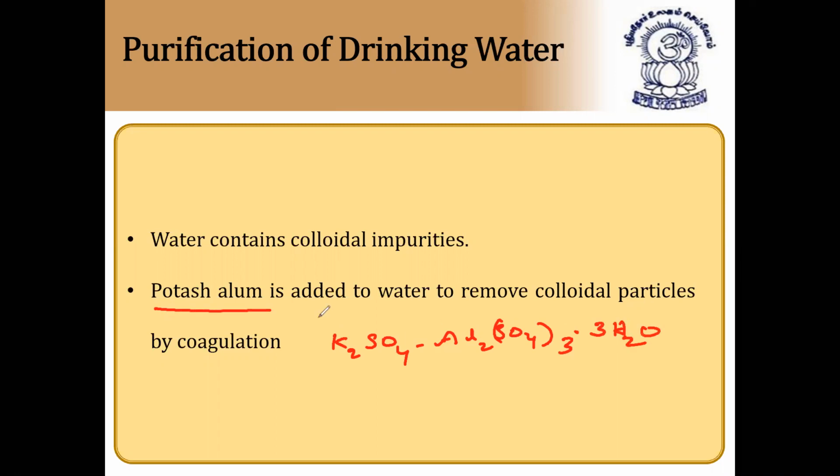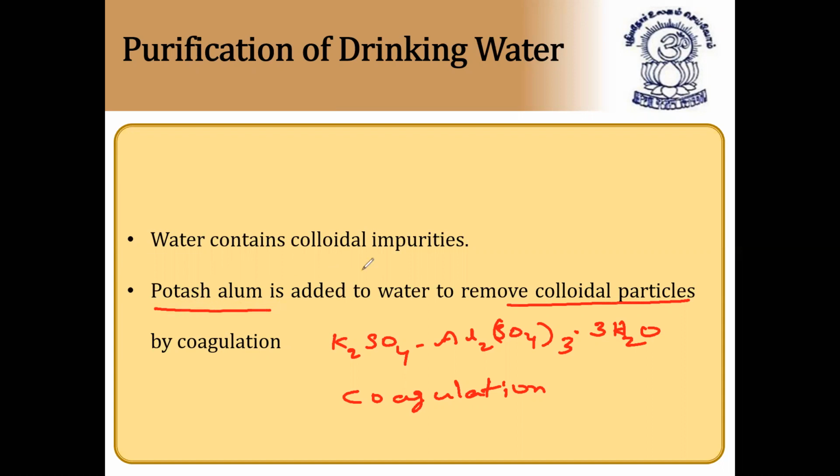When this potash alum is added to water, it brings coagulation in water. It removes colloidal particles by coagulation. It has a tendency to attract the colloidal particles towards itself, due to which they become a precipitate, and that precipitate is easily filtered off. So this is purification of drinking water by adding potash alum.